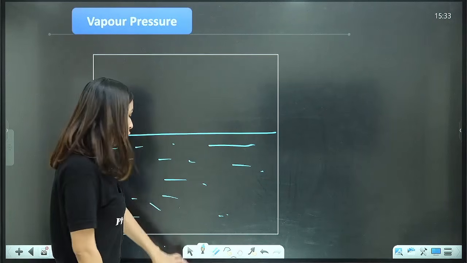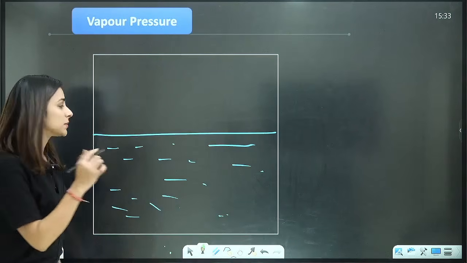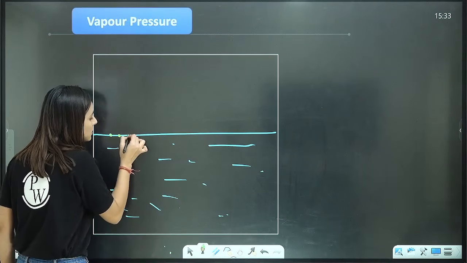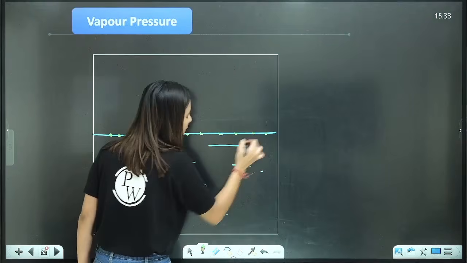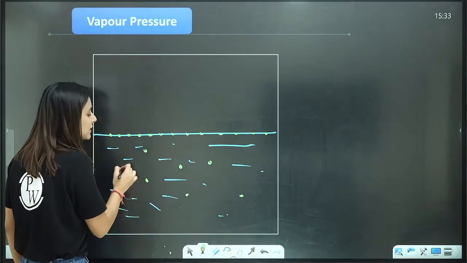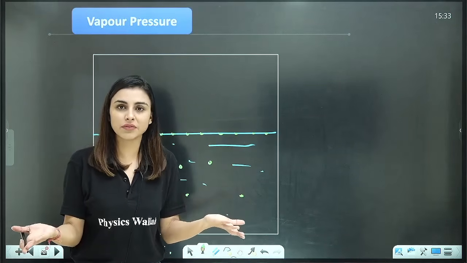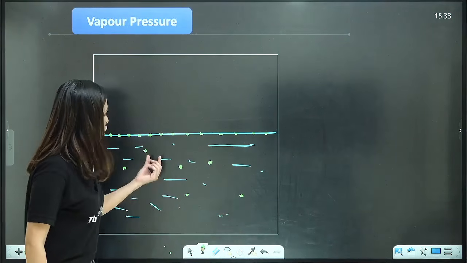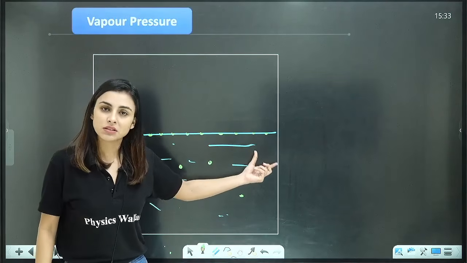This jail has various particles. Some particles are on the surface and some are in the bulk. What is bulk? Something inside is bulk and something on the surface is known as surface. So you have various particles in the bulk and various particles on the surface.